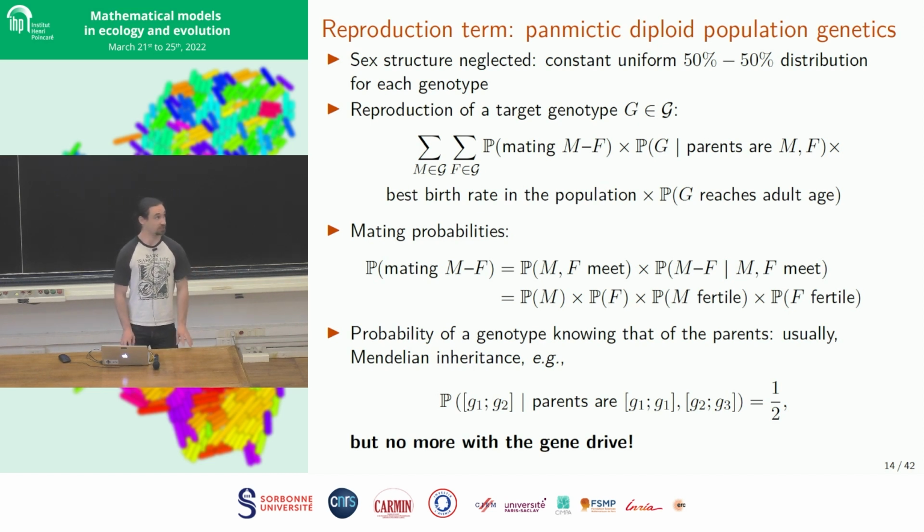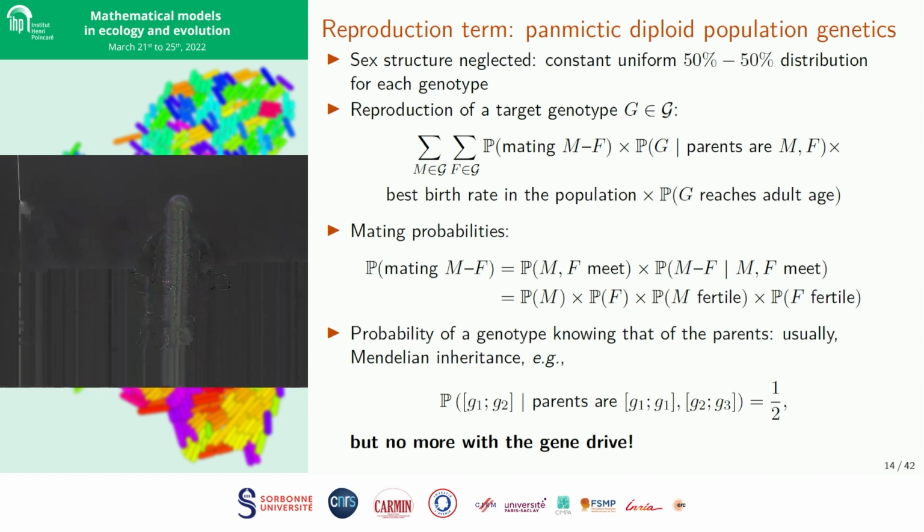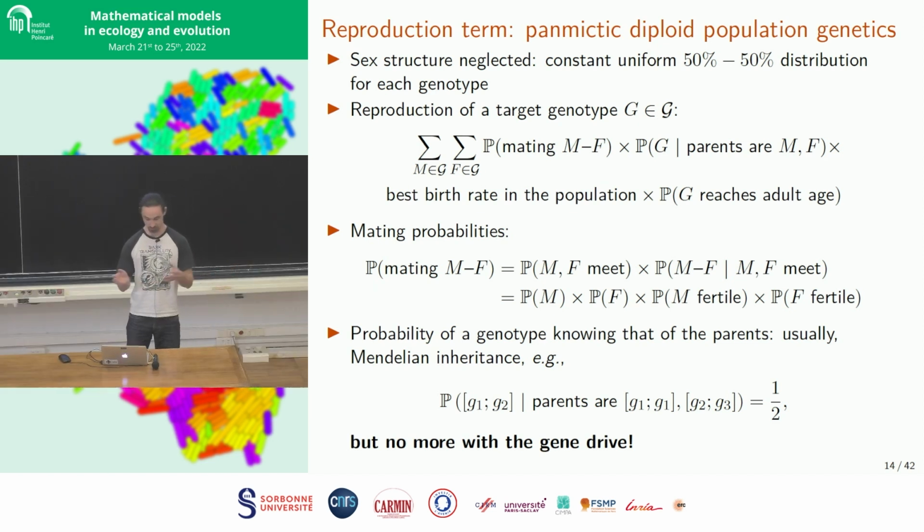So the mating probabilities, you can decompose them as the probability that the parents meet and then that they reproduce. The probability that they meet, we assume, is proportional to the frequency in the population, and the probability that they mate is just the product of their fertility rate.